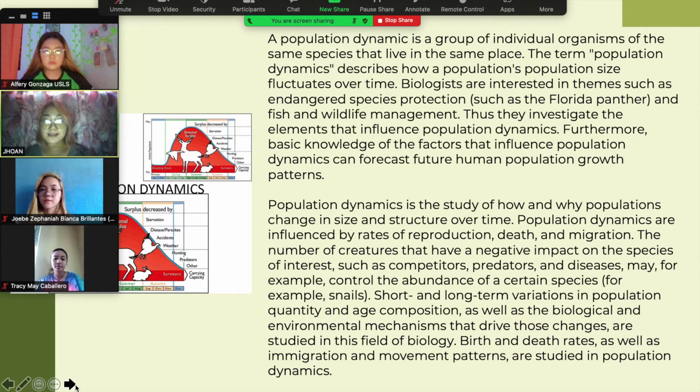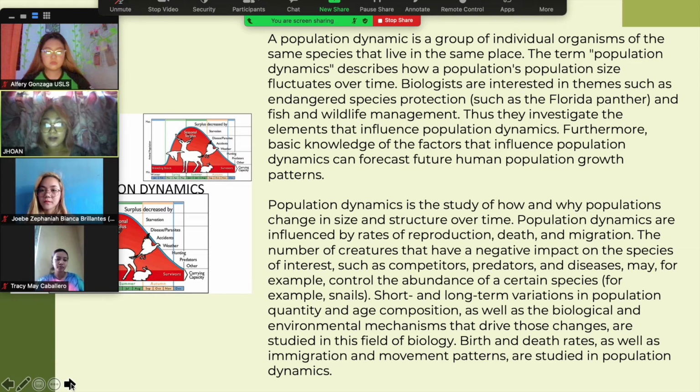Population dynamics is the study of how and why populations change in size and structure over time. Population dynamics are influenced by rates of reproduction, death, and migration. The number of creatures that have a negative impact on the species of interest, such as competitors, predators, and diseases, may, for example, control the abundance of a certain species.